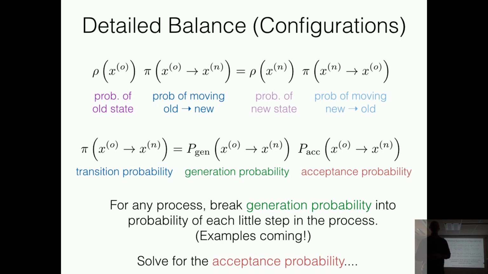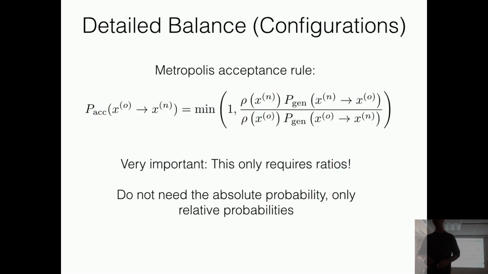Now, there's not a unique solution for the acceptance probability. There are a couple of options, but the one that's most widely used is the Metropolis or Metropolis-Hastings acceptance rule, which says that the acceptance probability is the minimum of 1, because you can't have a probability greater than 1, times the ratio of the thermodynamic probabilities times the ratio of the generation probabilities.